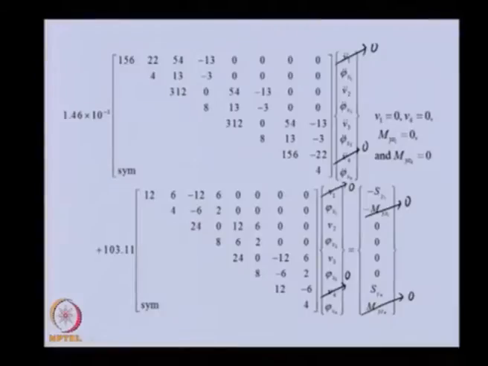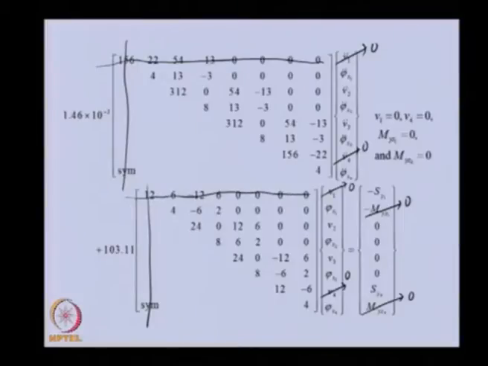Basically, in the mass matrix, we will be eliminating the first column and first row. Similarly, in the stiffness matrix, the first column and first row will be eliminated, and the 7th column and 7th row will be eliminated. Here also, the 7th column and 7th row we will eliminate.